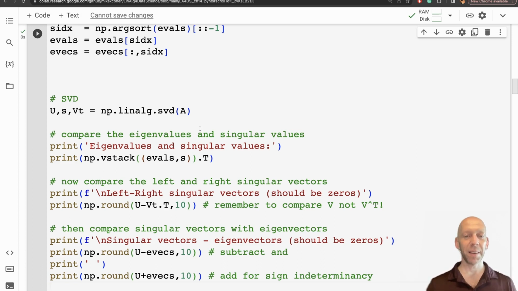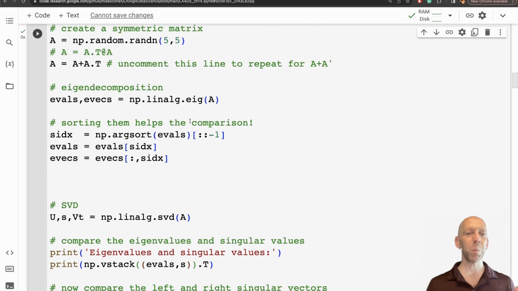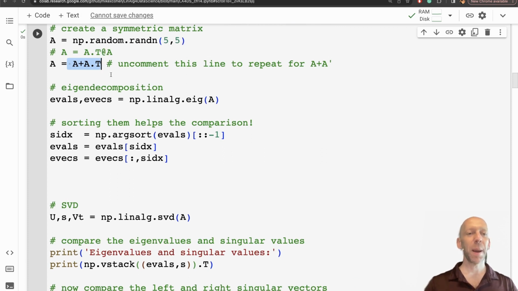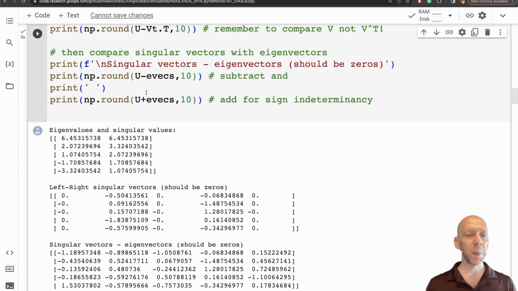You don't use the matrix plus its transpose because, in the general case, that won't even work. This is one of the examples that I just mentioned when I was showing the book chapter, that although these two kinds of matrices share some properties, there are many other properties that they do not have in common, including that A plus A transpose is not guaranteed to be a positive semi-definite matrix.